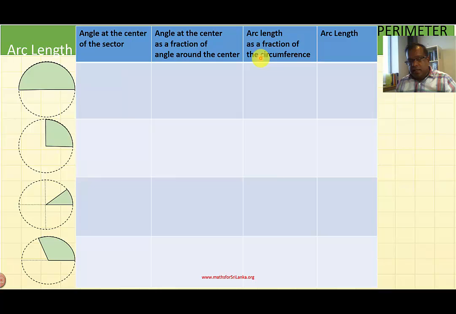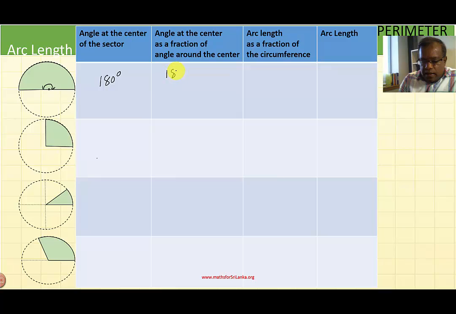And then the arc length as a fraction of the circumference. Clearly you can see this arc length on this semicircle is actually 1/2 of the circumference of the circle. The angle at the center of this sector is clearly 180 degrees. So the angle at the center as a fraction of the angle around the center.